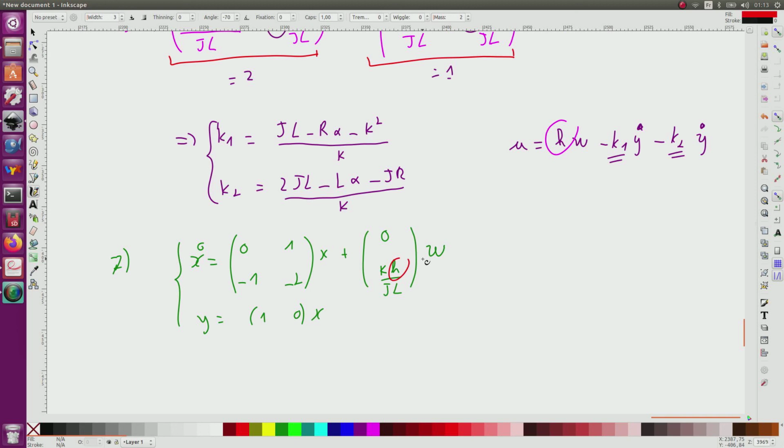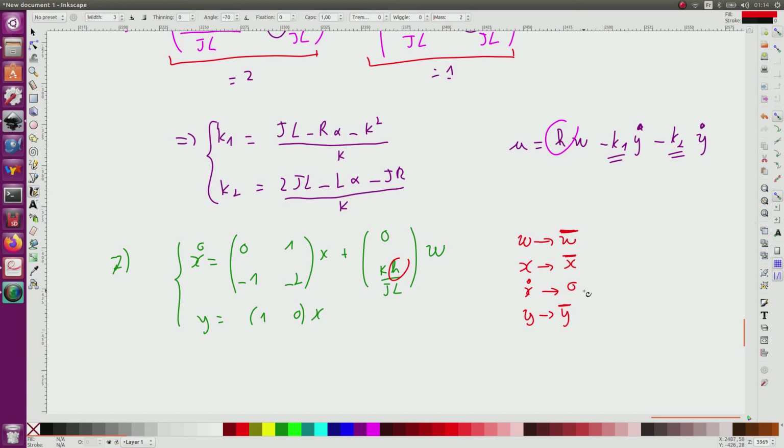For this, I will consider the equilibrium. If W is constant, W converges to W bar. Since the system is stable, X will converge to X bar, X dot will converge to 0, and Y will converge to Y bar.